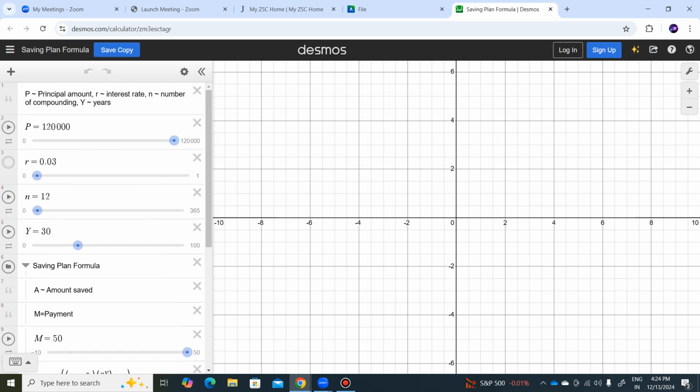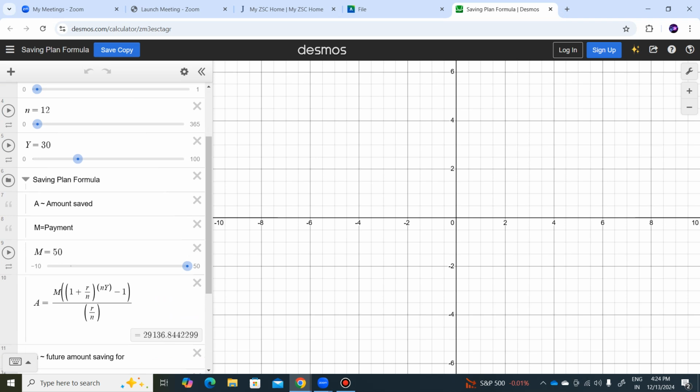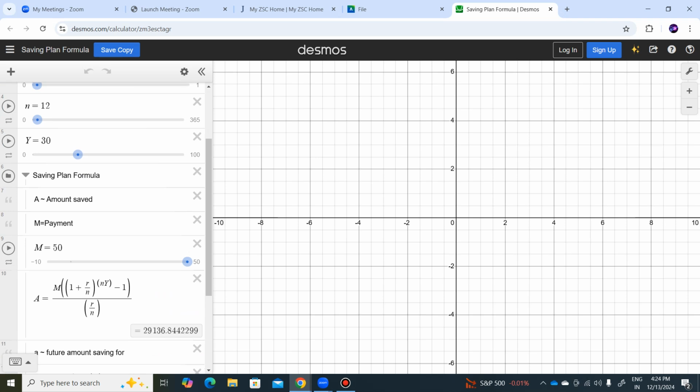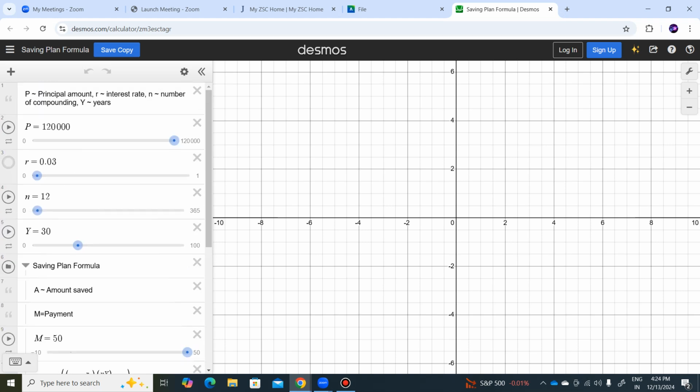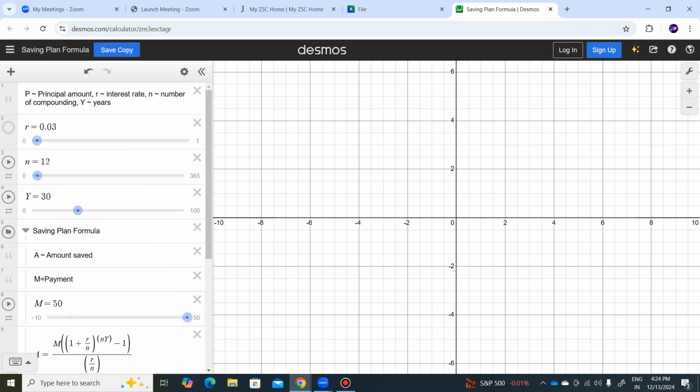Desmos doesn't allow you to name something with 3 letters, so the payment is going to be listed as M, and the amount saved, again, is A. The principal you actually won't need, because we're using a payment and not a principal. So we said that our payment was 100, N was 12, years is 0.5, and our rate was 0.1.